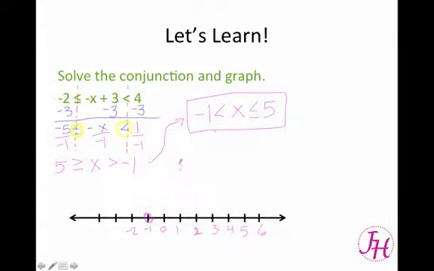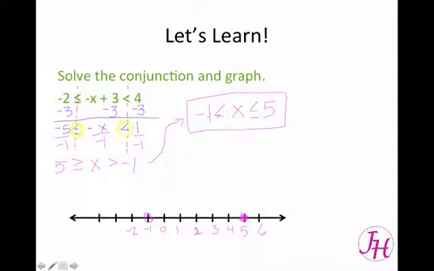It's called an open circle because it doesn't have that equal to line. And then on the 5, we do have the equal to, so here we have a closed circle. So we're going to color in the dot. That means that 5 can be a value of x, but -1 cannot be a value of x.